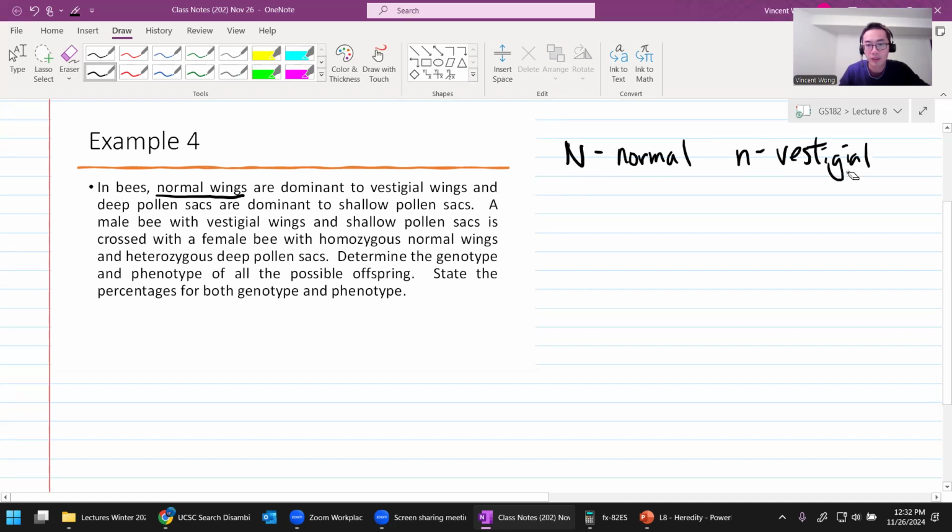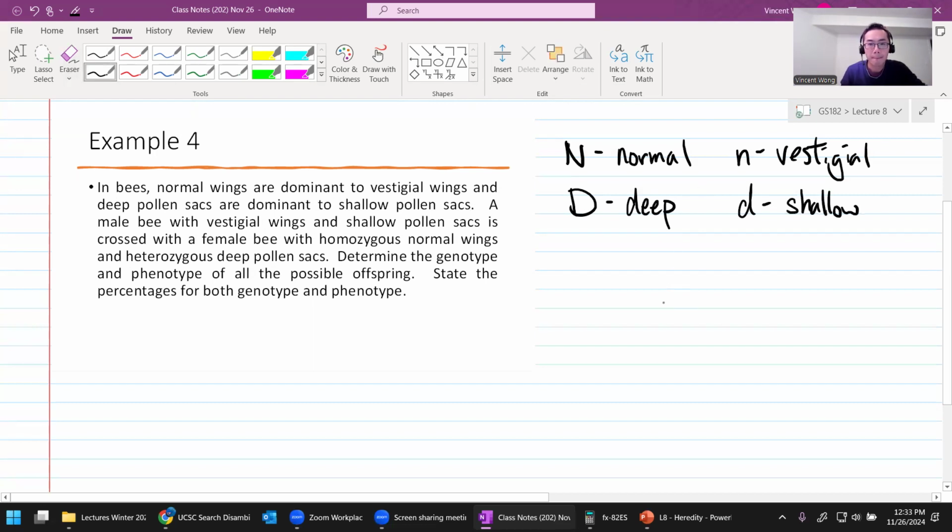If you're wondering what vestigial means, it just means the wings are really tiny and kind of shrunk a little bit. And the other character that we're looking at is the kind of pollen sacs these bees have. It says in the question, deep is dominant over shallow. So we can use capital D for the deep pollen sacs and lowercase d for the shallow ones.